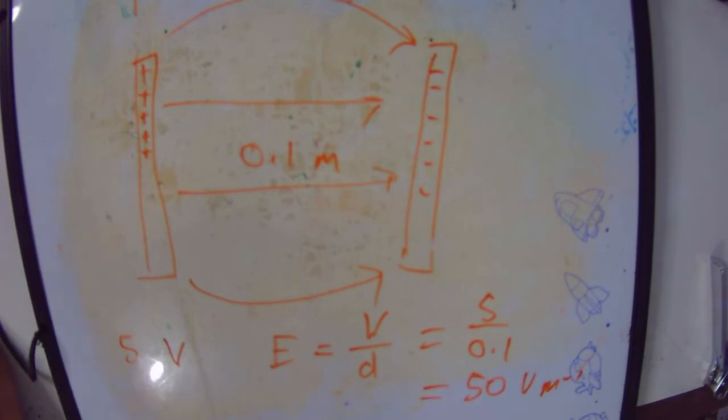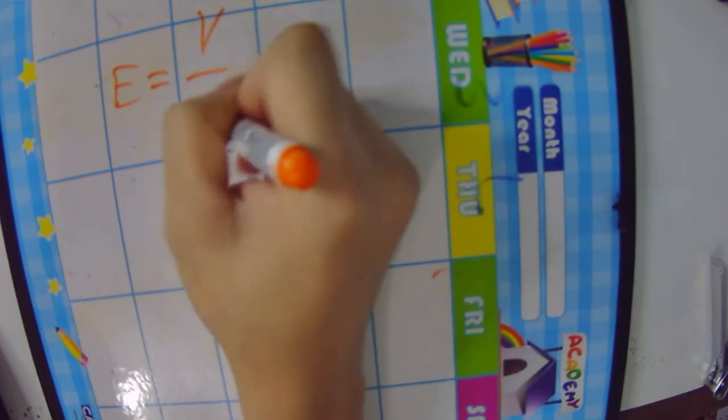Okay, now it's a similar thing. If we were to talk about the formula and look at how the variables affect each other, E equals voltage over the distance.